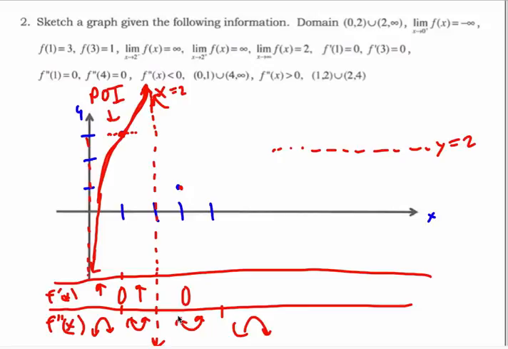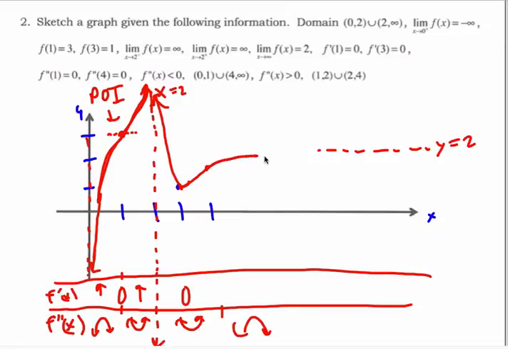And here we have concave up. And we have this point right here. Actually, let's adjust that. And it's concave up the whole time. At this point here, it changes concavity. So we're concave up, and then all of a sudden we're concave down. And that shouldn't touch y equals 2. It just approaches y equals 2.